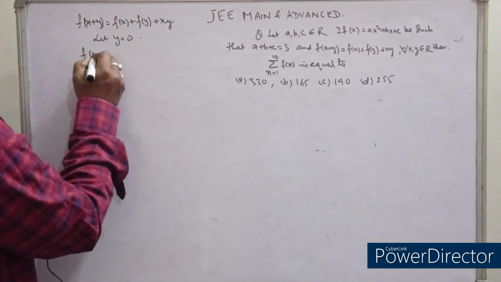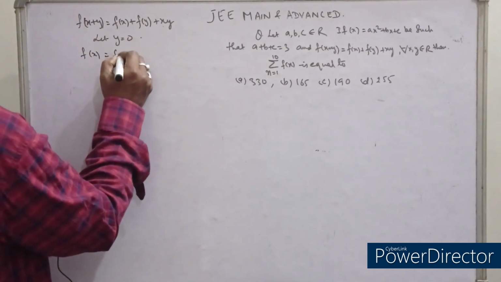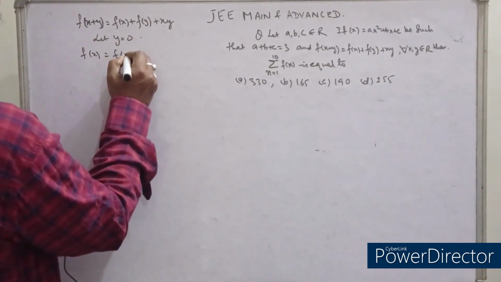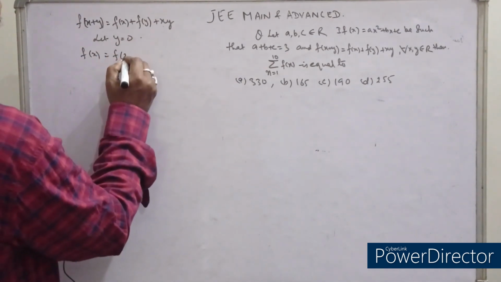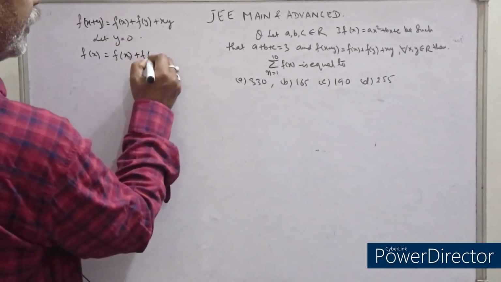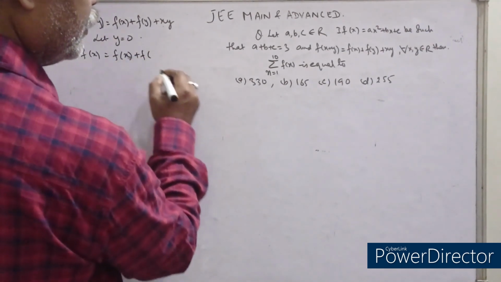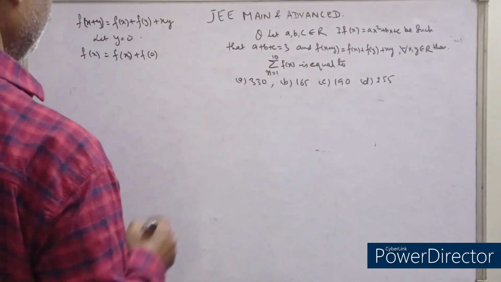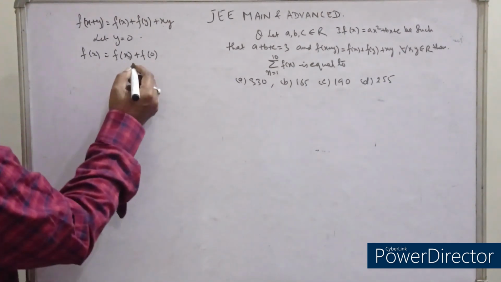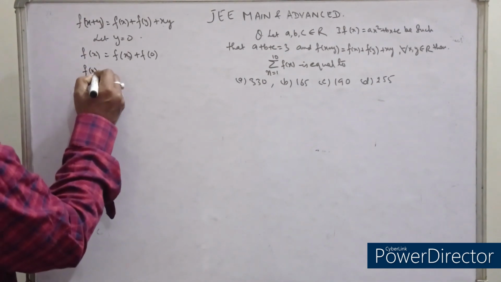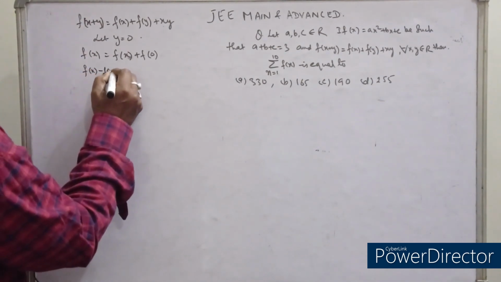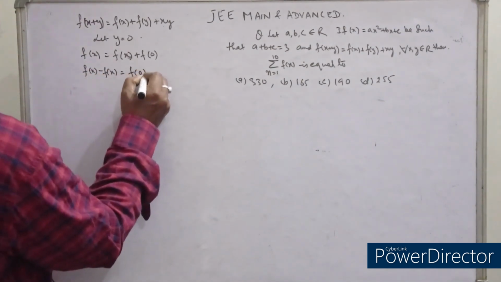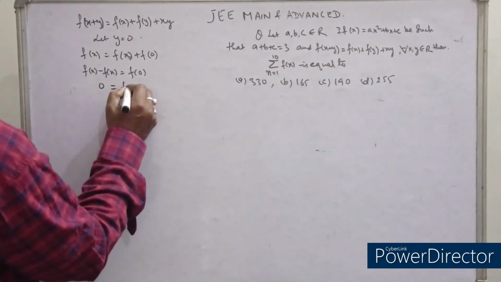So f(x) is equal to f(x) plus f(0) plus 0, since x into 0 will be 0. So from here I get f(x) minus f(x) is equal to f(0), so 0 is equal to f(0).